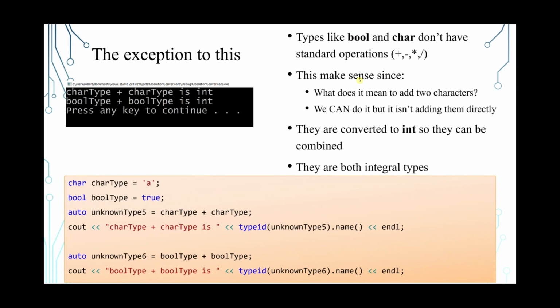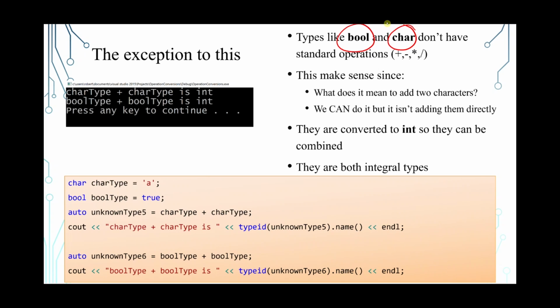Like, if we do character plus character, or character plus boolean, or something like that. It is worth noting that boolean is stored in the memory as 0 or 1. Character is stored in the memory as the ASCII number that represents it.